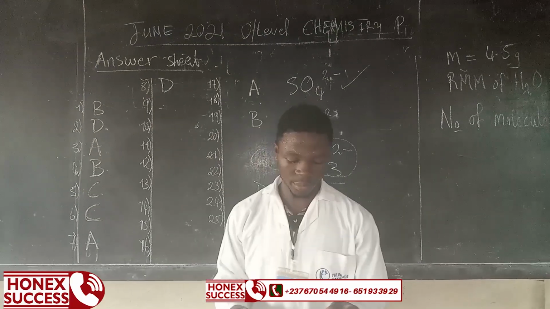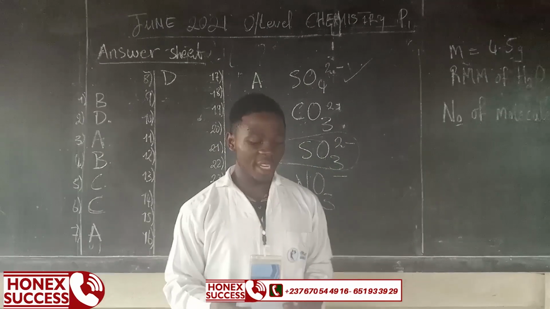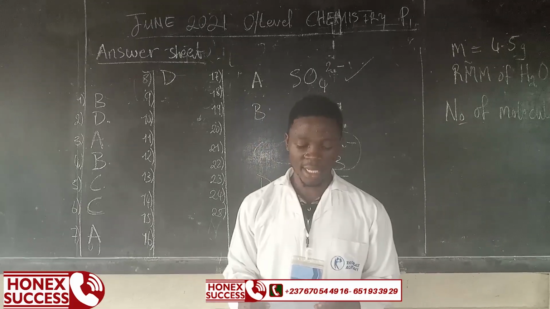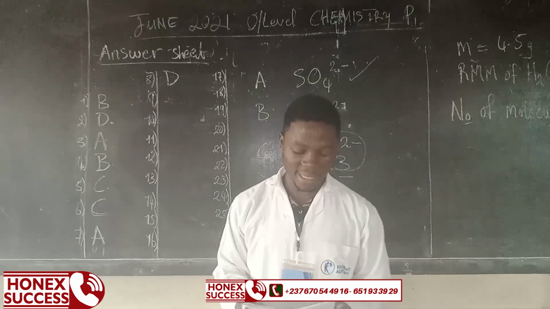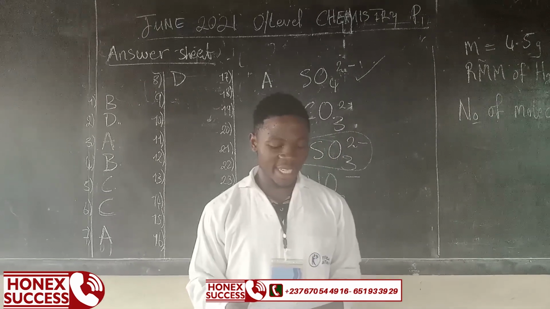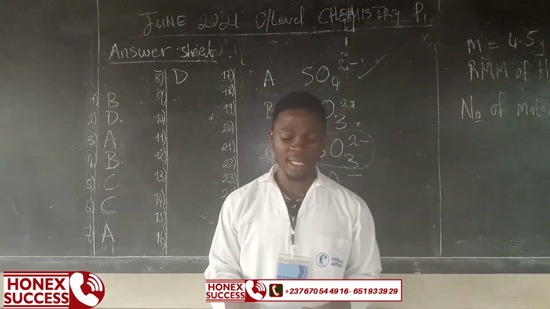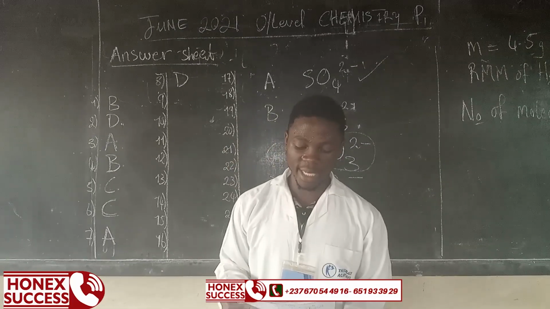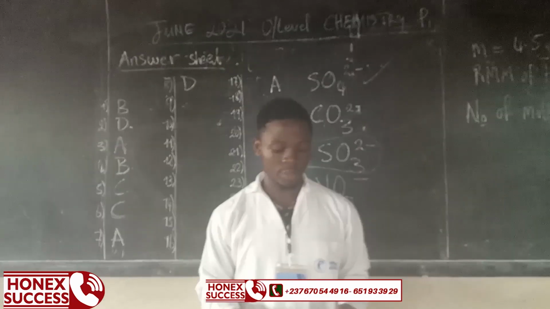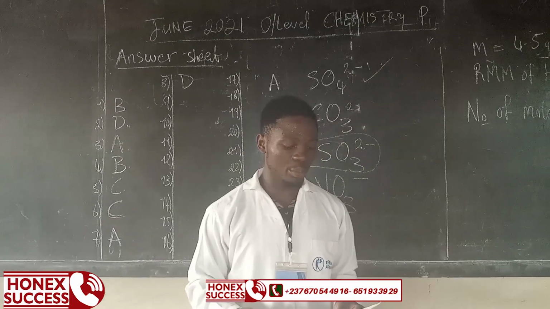Question 9. Identify the gas that naturally makes rainwater slightly acidic.